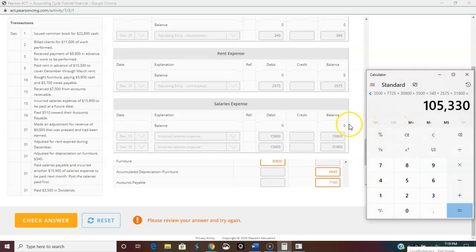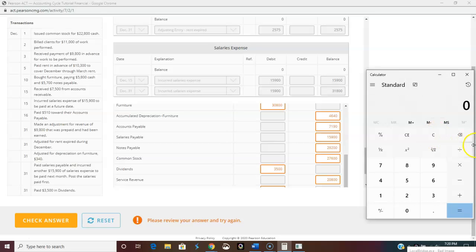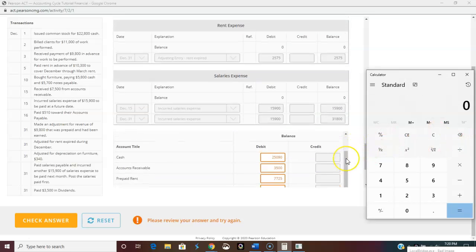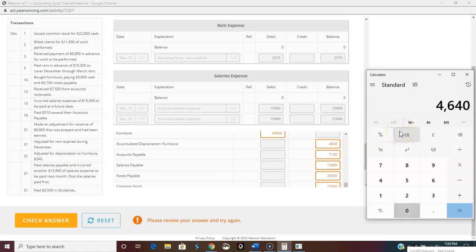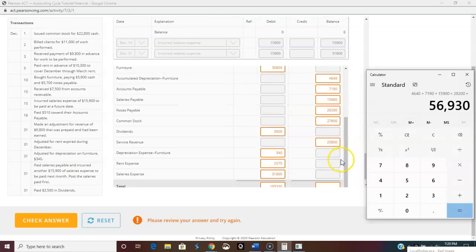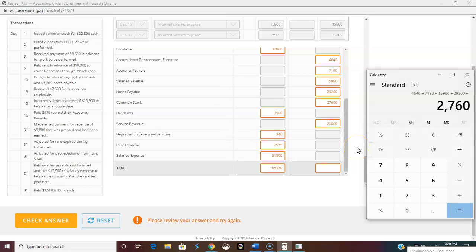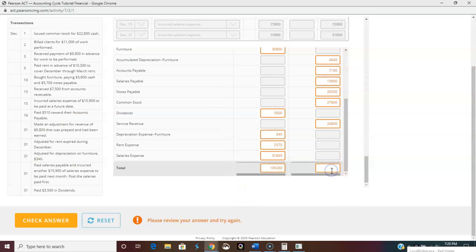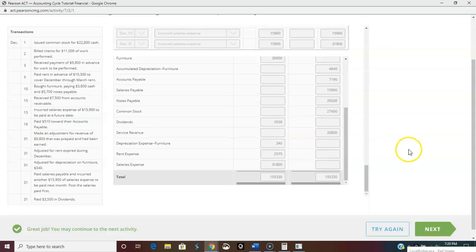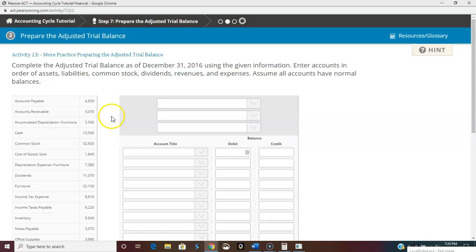And then we're going to do this side, and we're going to probably get a different number. I feel like there's more here. Nope. All right, $46.40 plus $71.90. It's $15.09 plus $29.2 plus $27.6, $20,008. 105,330. For once it worked. Check the answer. Thank you. Yay.